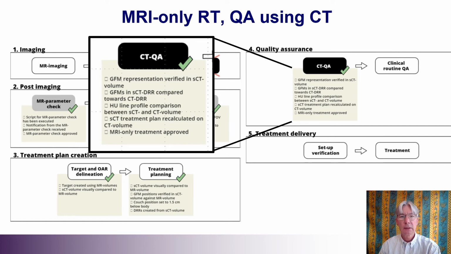So what can be done if you have the CT is to verify the markers and see that they are correct in the DRRs. One can compare the Hounsfield units in the CT and synthetic CT, and one can also recalculate the plans to see that everything is okay. And having done that, the MRI-only treatment can be approved.